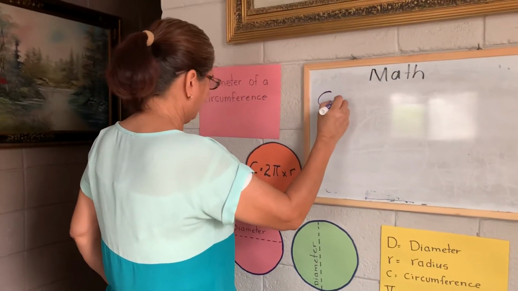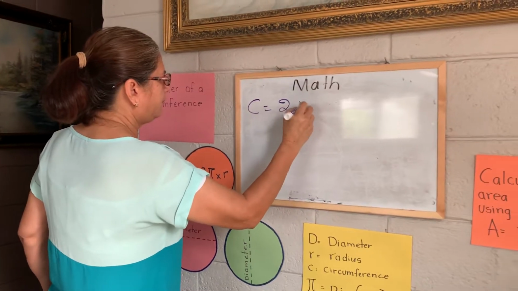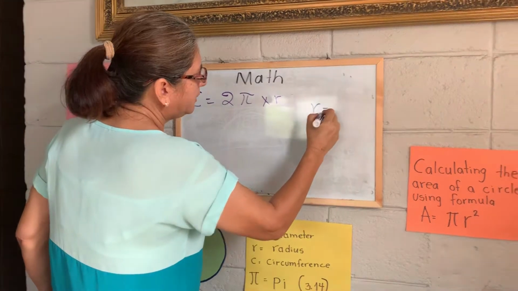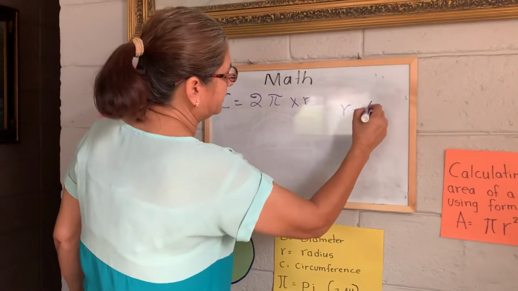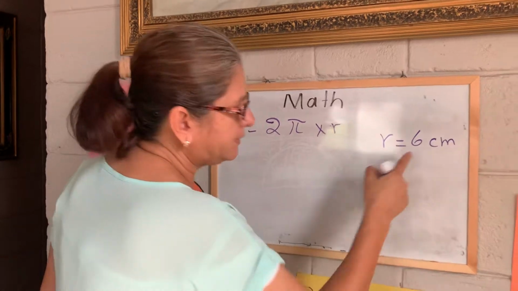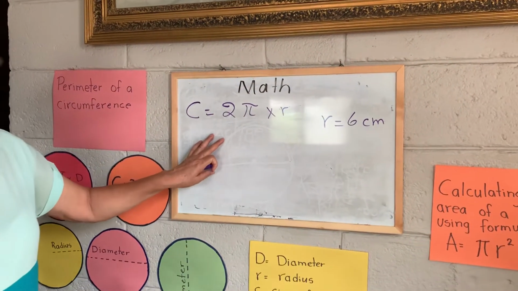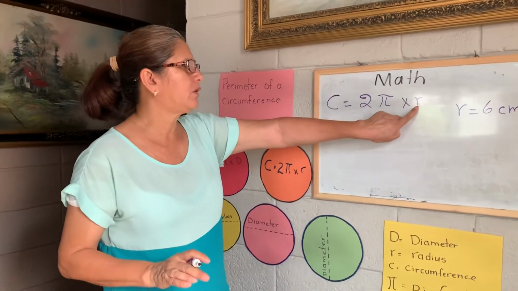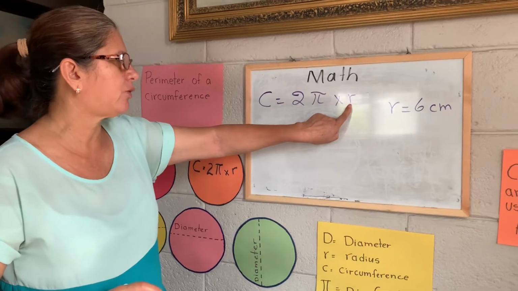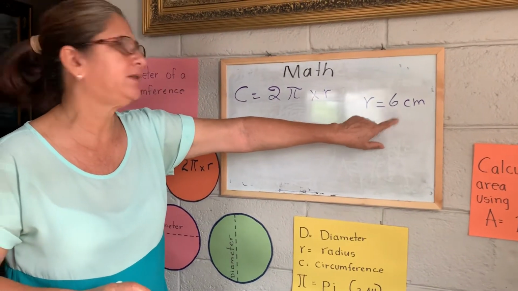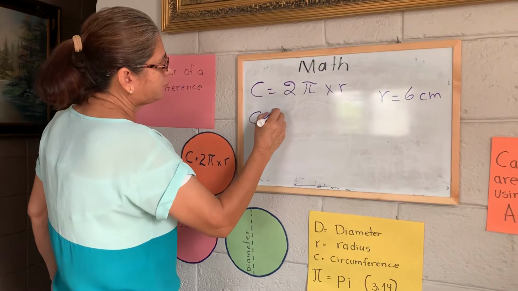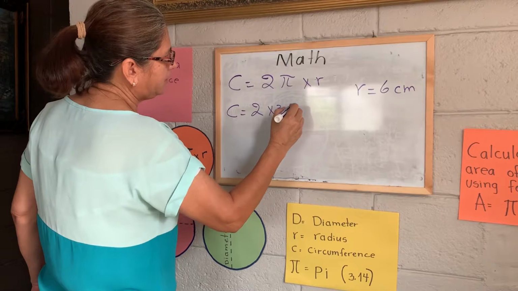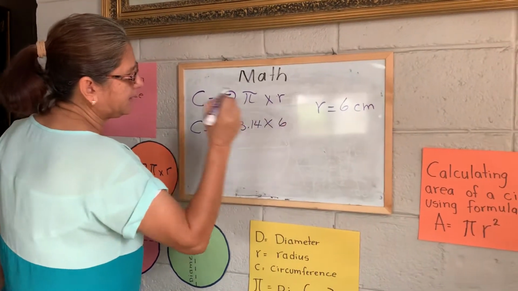C equals 2 pi multiplied by r, in which r is equal to 6 centimeters. So the only procedure I have to do is replace this radius by its value, that is 6 centimeters. C equals 2 times 3.14 times 6.